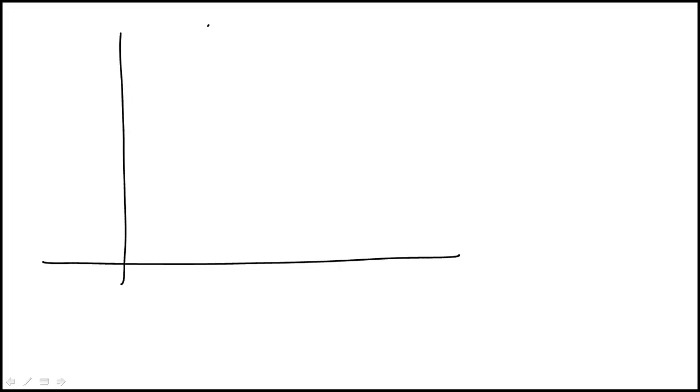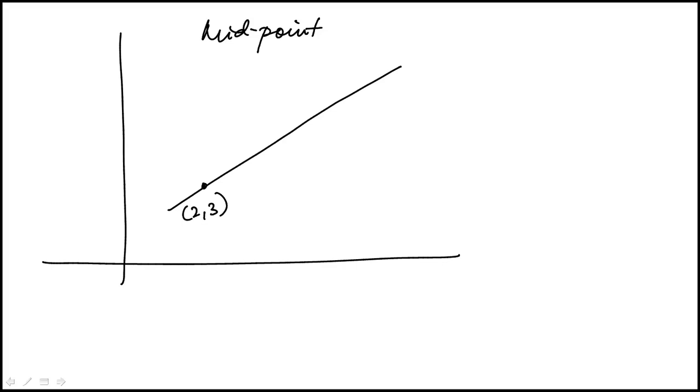Now, the first concept has to do with finding the midpoint. So this is finding the midpoint if you're given 2 points. Let's say the 2 points are 2, 3, and 8, 11.